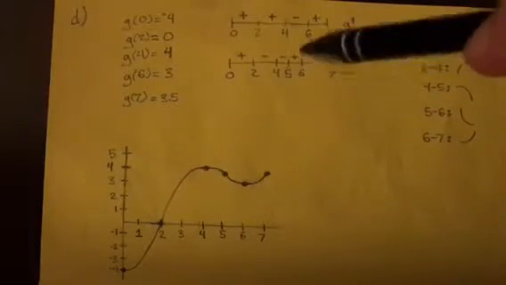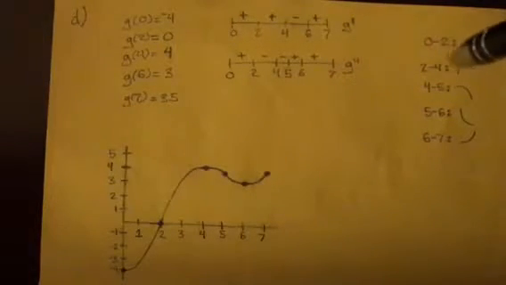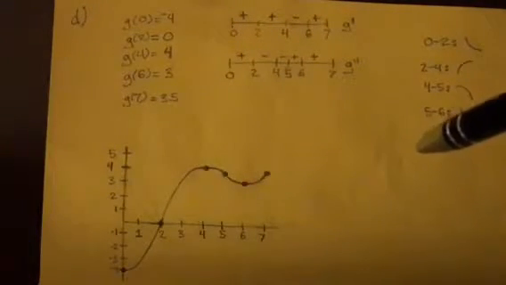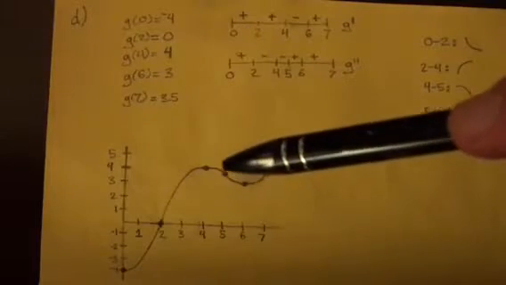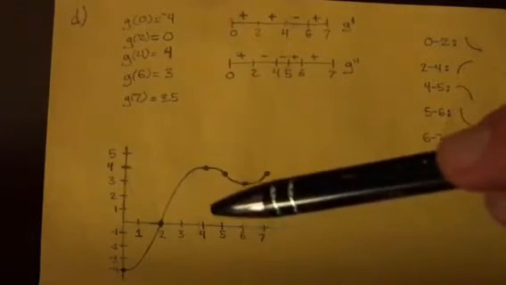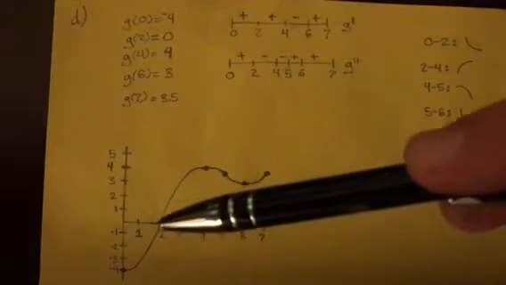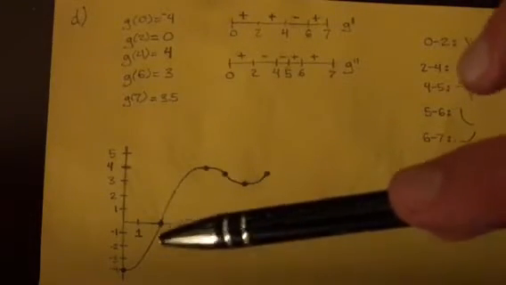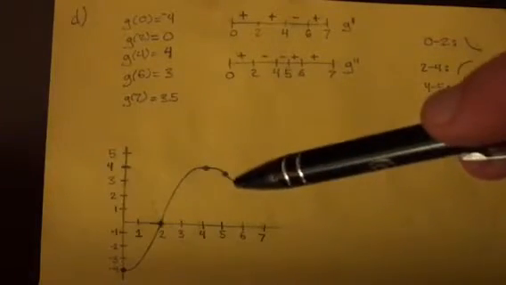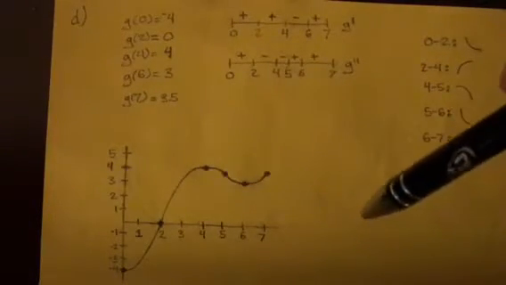And so I use these sign charts to determine the concavities of the graph over here, and made sure that x equals 5 was an inflection point, which it is, and x equals 2 is also an inflection point because it goes from concave up to concave down here, and then from concave down to concave up at x equals 5.